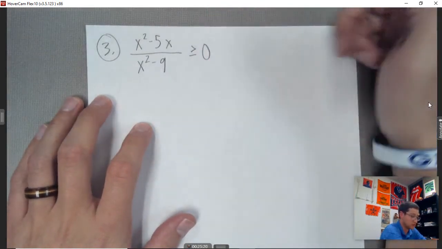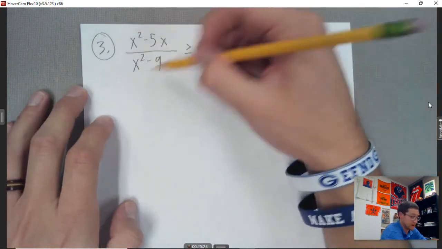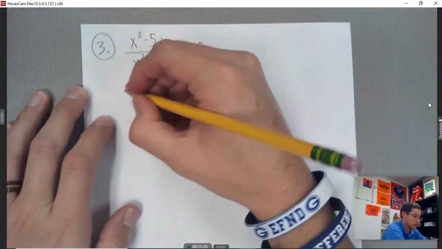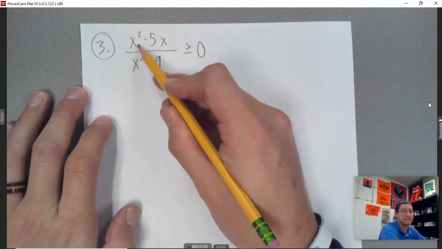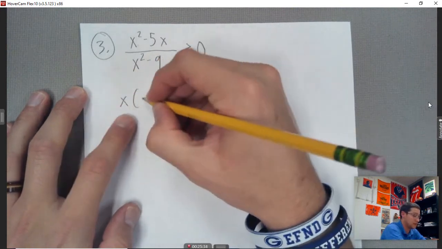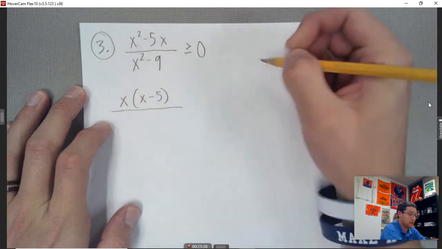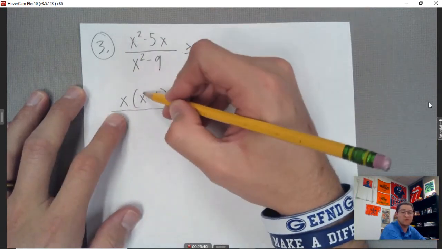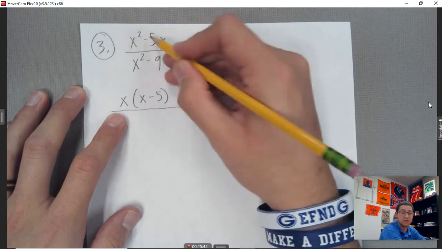So, same situation. We've got to check if it's factorable first, and this is factorable on the top and the bottom. So I'm going to go ahead and write it in factored form. This is your classic GCF. I've got an x here and an x here, so I pull out x. So I've got x here and then x minus 5 on top. I'm undistributing, right? If I were to redistribute, x squared minus 5x would give me that.